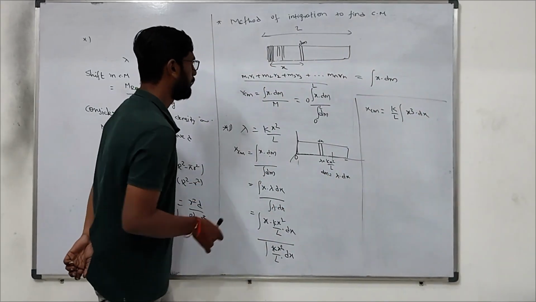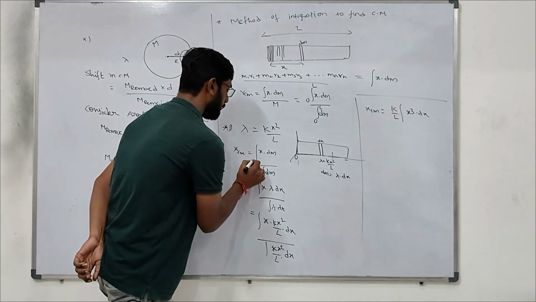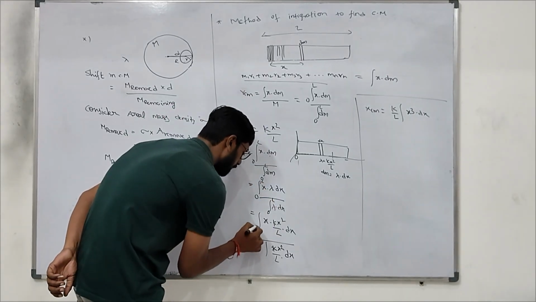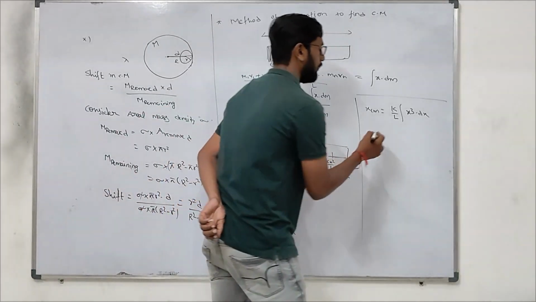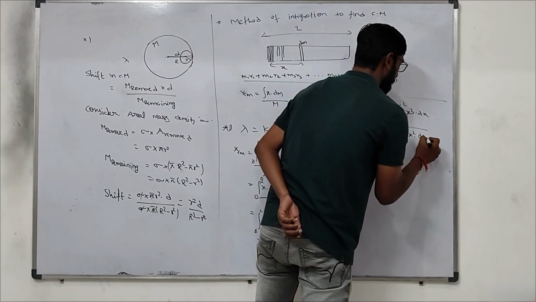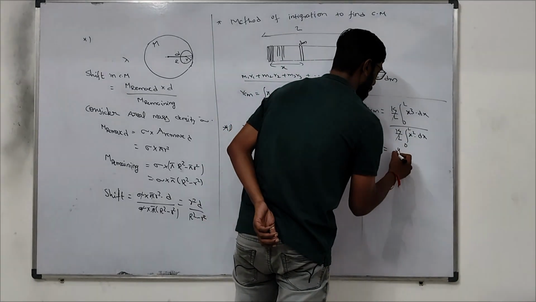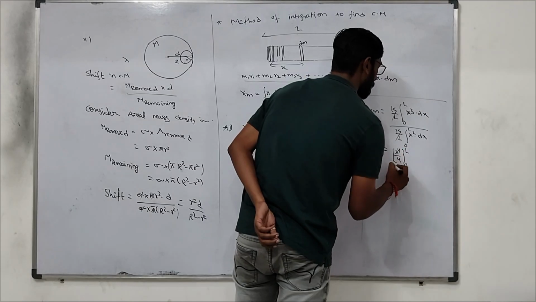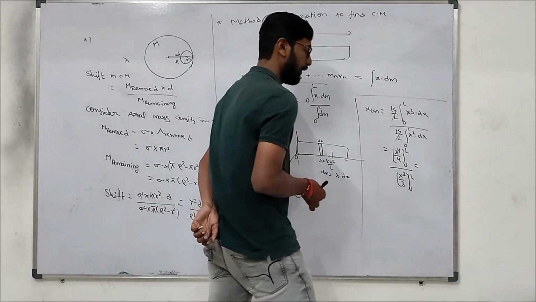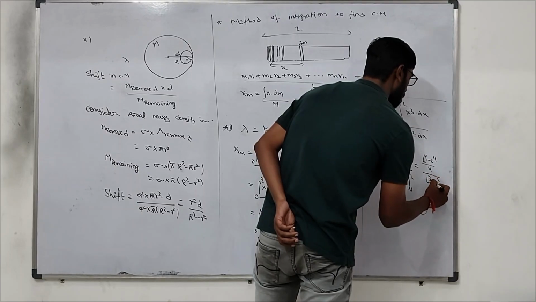Limits we didn't define, no? So we have to define from 0 to L. So you have integral x cube dx from 0 to L by integral x square dx from 0 to L. So k by L cancels. x power 4 by 4 from 0 to L by x cube by 3 from 0 to L. So x power 4 means L power 4 minus 0 power 4 by 4, and L cube minus 0 cube by 3.